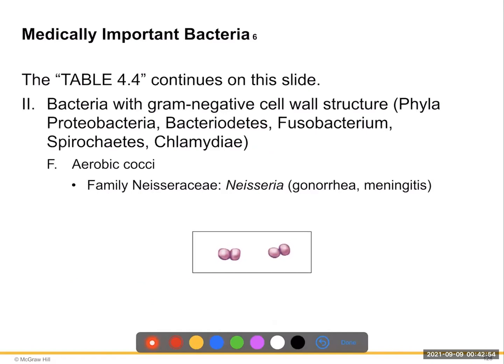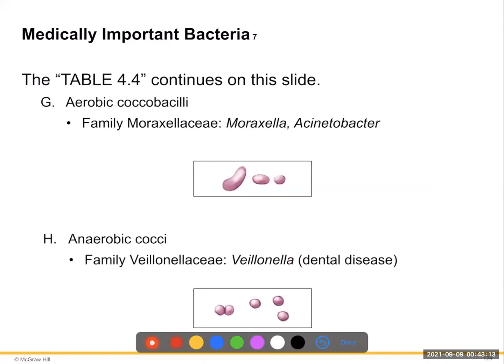Bacteria with a gram-negative cell wall. Then we have Neisseria, which causes gonorrhea and meningitis. Those are diplococci, so two cocci involved in that. Moraxella, Acinetobacter.